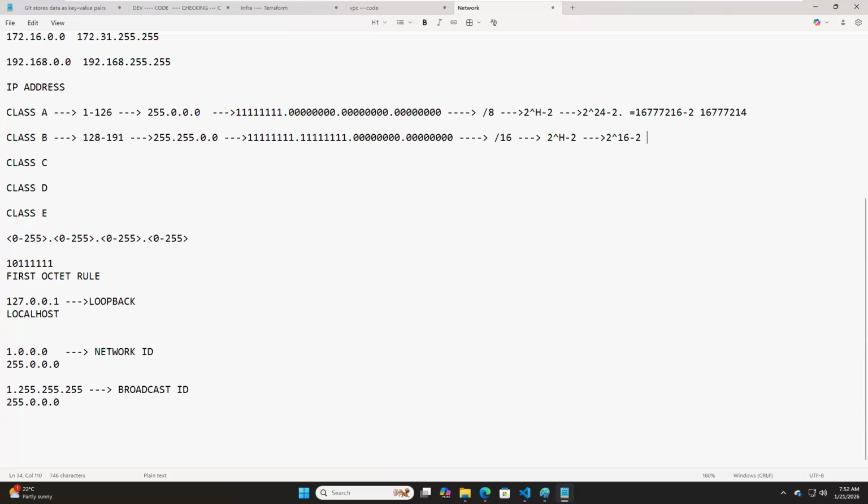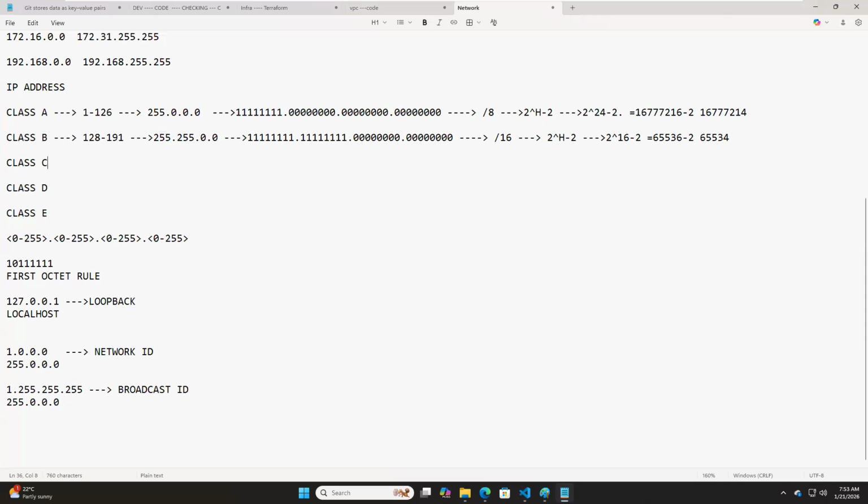The total IPs are 65,536 minus 2, so 65,534 IPs are usable in class B. If you see any number ranging between 128 and 191 with 255.255.0.0, then that belongs to class B.